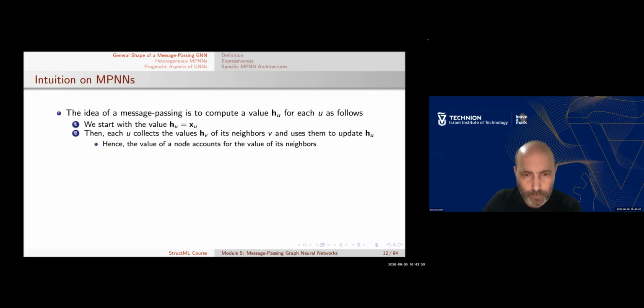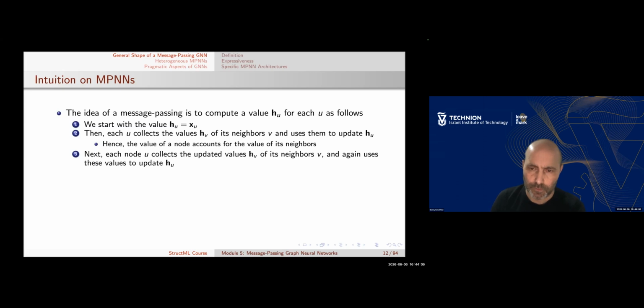So the value of U accounts for the values of its neighbors. And then we do it again. We again update the value of U by updating the values of HV, and we do it for every node. The values of the neighbors V are themselves updated in the first round.